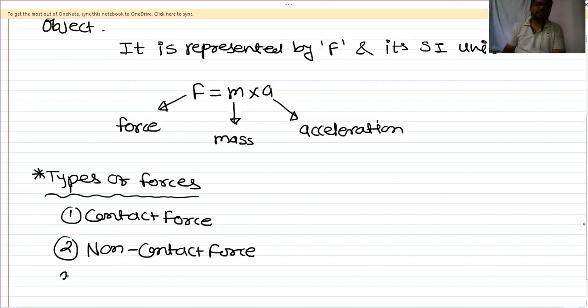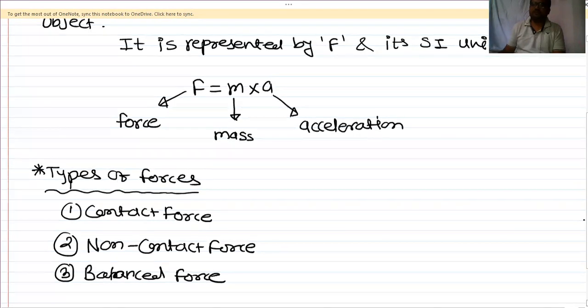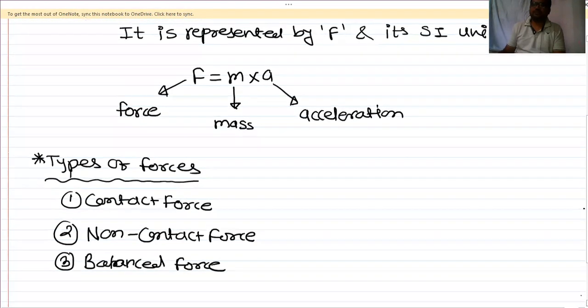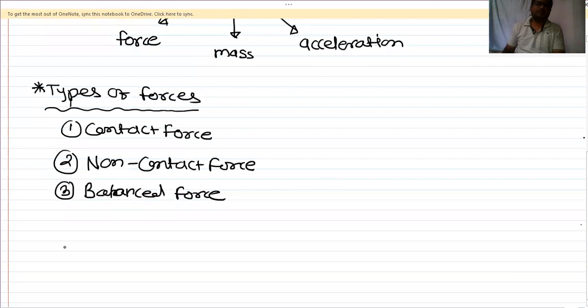Third type we have is balanced force. And the fourth type which we have is unbalanced force, right? So what is contact force, what is non-contact force, what is balanced, and what is unbalanced force? We'll see one by one.